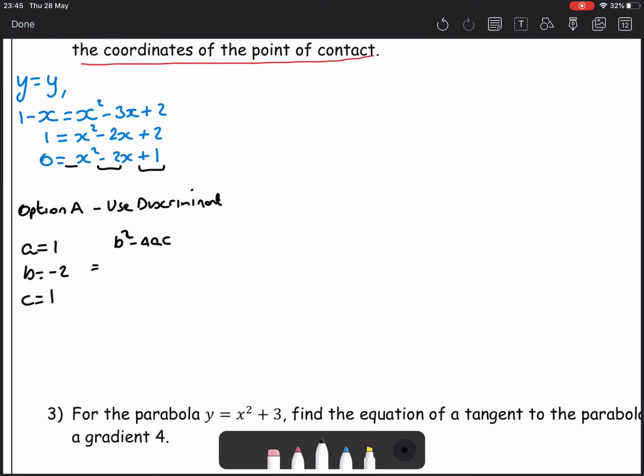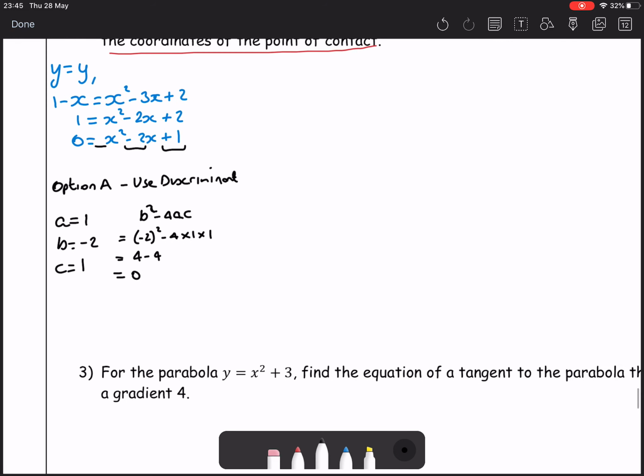I'm expecting 0 to come out of this. Minus 2 squared is 4, minus 4 times 1 times 1. 4 minus 4 is equal to 0. So exactly the same as previous, my b squared minus 4ac is equal to 0.